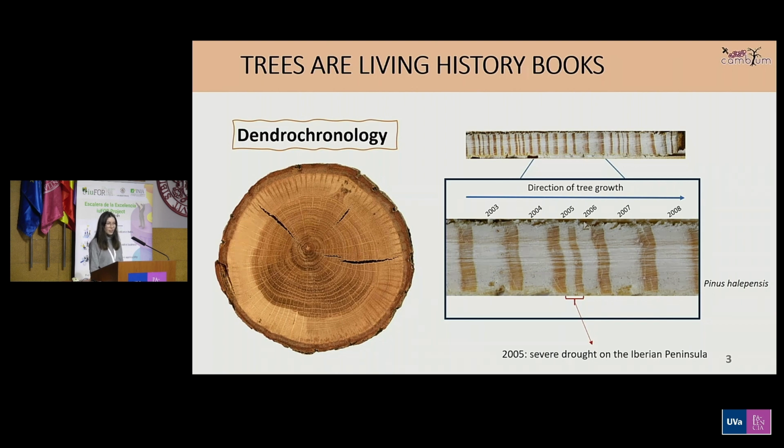Dendrochronology is a great way to study how the environment affects the growth of trees, but it is not the only way. We can actually look closer into the wood, into its xylem tissue and the anatomical structure.